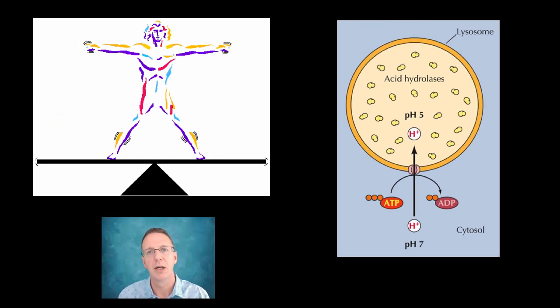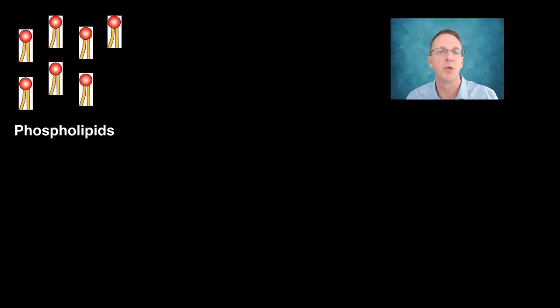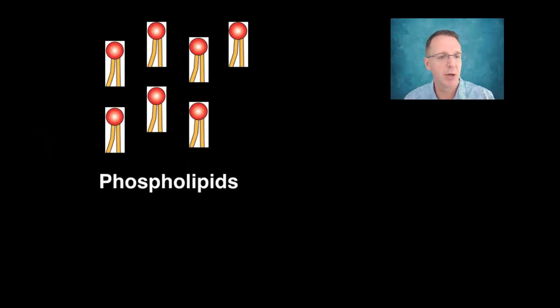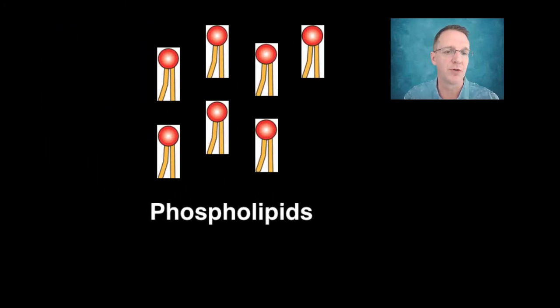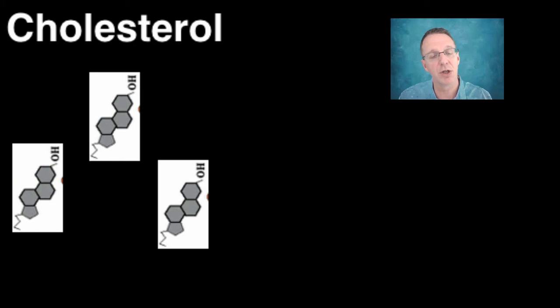Another big idea comes from the fact that when you take a look at the basic components of a membrane and have them interact to form a complex structure, you get new properties and functions that did not exist before. The basic components of a membrane include phospholipids, and in the case of animal membranes, cholesterol.